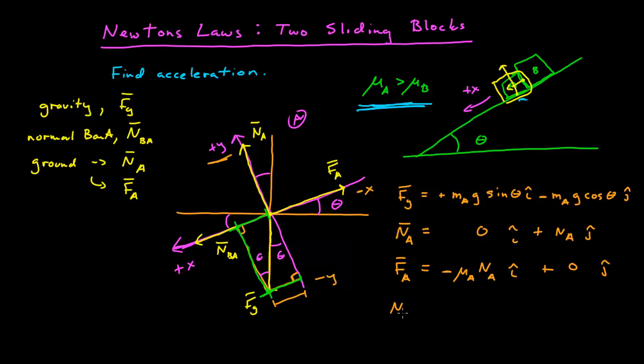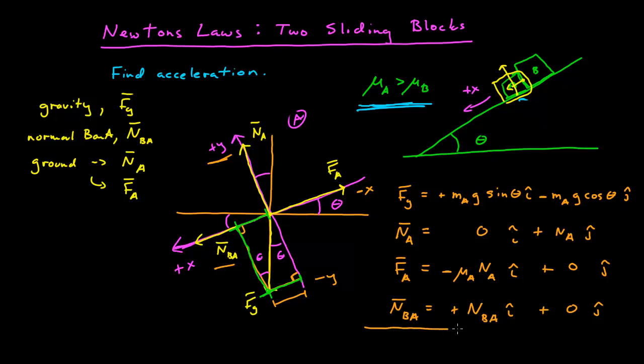Then finally, I get the normal force of B on A. It exists here, which is entirely along the positive x direction. So it has some magnitude i plus 0j, and it's positive.